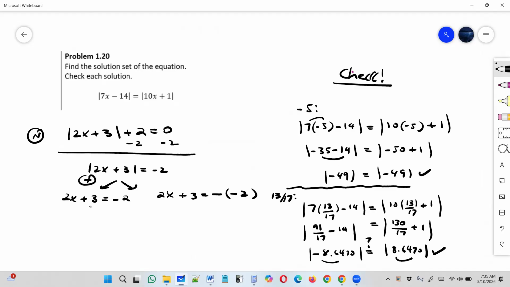So we go about solving them. Minus 3 here, minus 3 there. We get 2x equals negative 5. Divide everything by 2, we get this. This is the first one. The second one, we first multiply that.